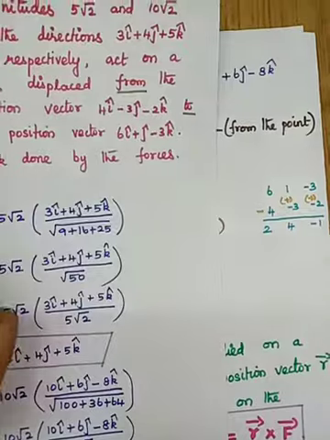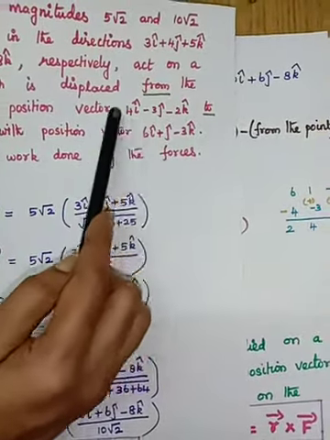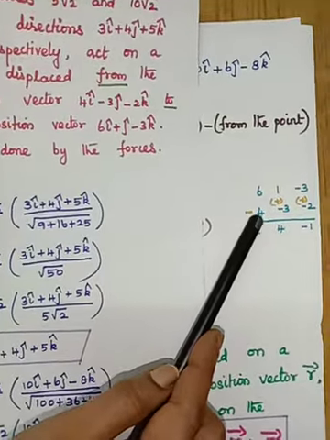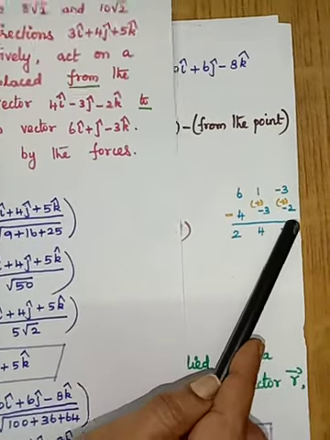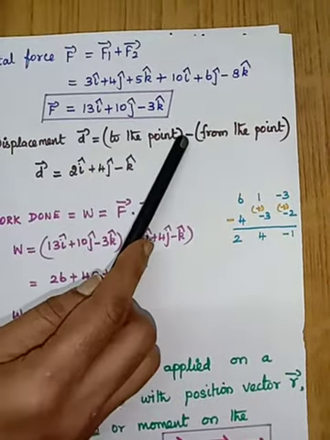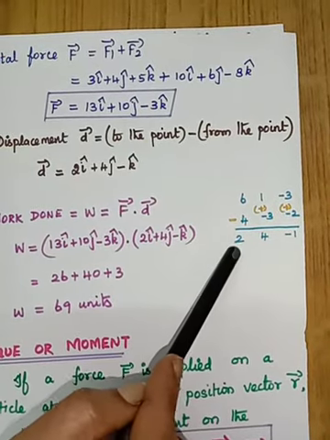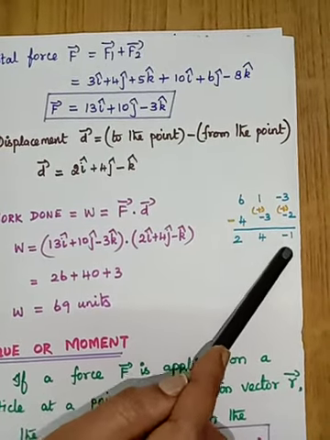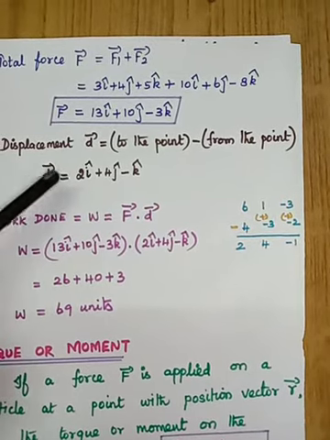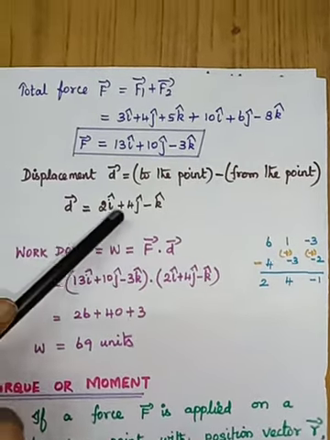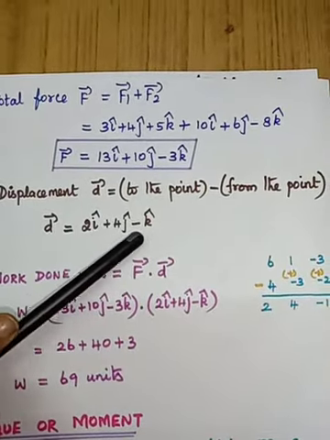Next, from the point with the position vector. So from that, I'm going to take the component. So 4, minus 3, minus 2. In between, you are having minus. So you have to subtract it. So while you are subtracting, you are getting the answer as 2, 4, minus 1. Here you have to write as a vector. How it will be? 2i cap plus 4j cap minus k cap.